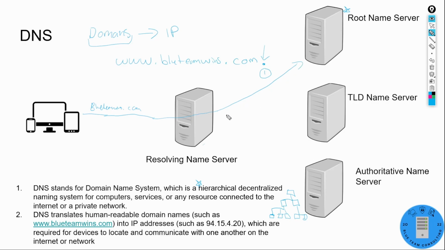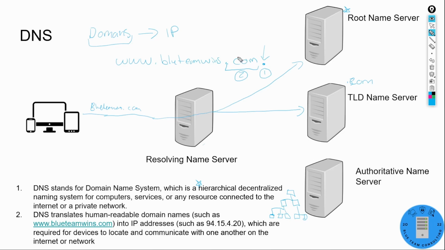This will go back to the resolving name server, and the second place that it will try to resolve is the .com. So it will say, okay, I need to go to a top level domain name server now instead of the root name server and resolve .com. Top level domains are always going to be the last section of your website.